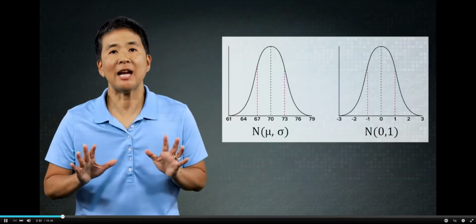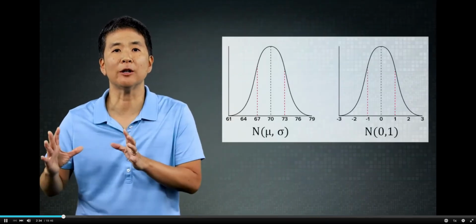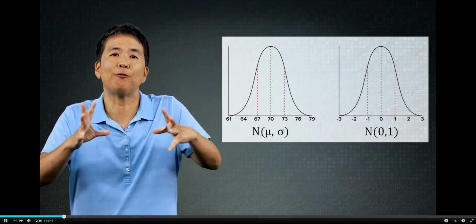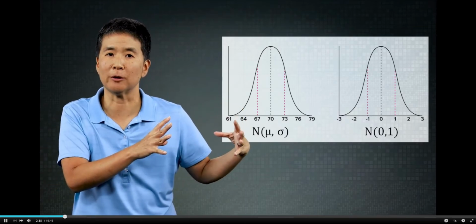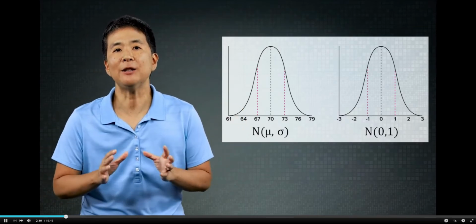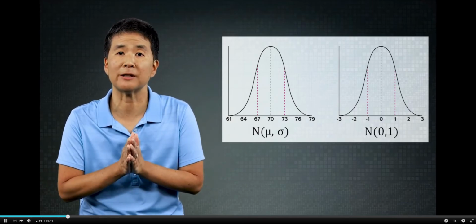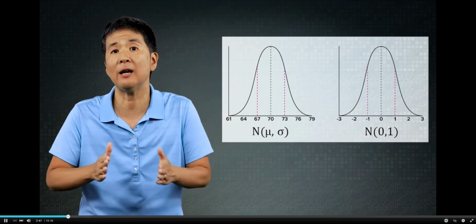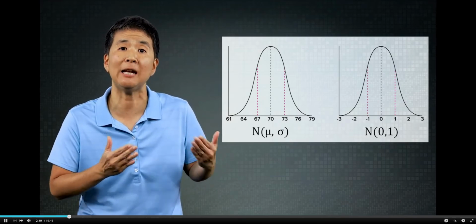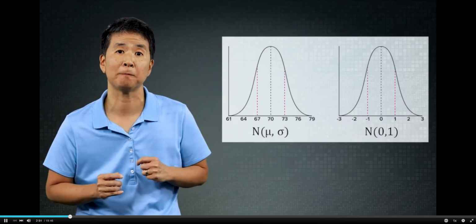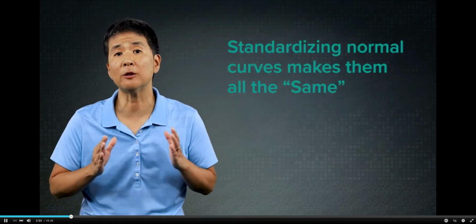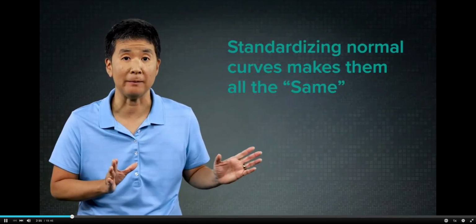You don't actually have to calculate that. You really only need to calculate it for what you're interested in. Standardizing takes this normal curve of men's heights and transforms it into the standard normal curve. If I can do that with any normal curve, then I can use my standard normal curve to find proportions or compare distributions using the tables that I'll show you a little bit later. Standardizing the normal curve makes them all the same.